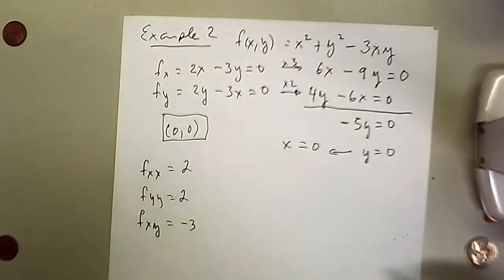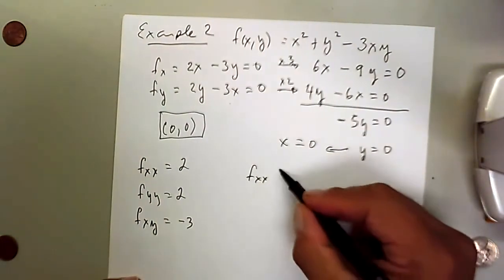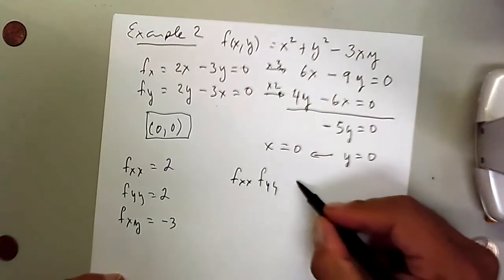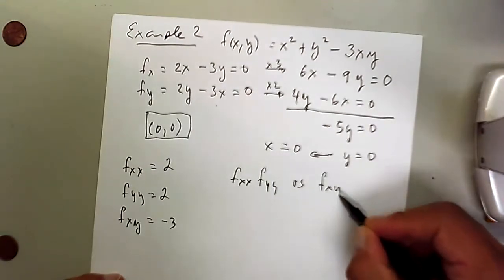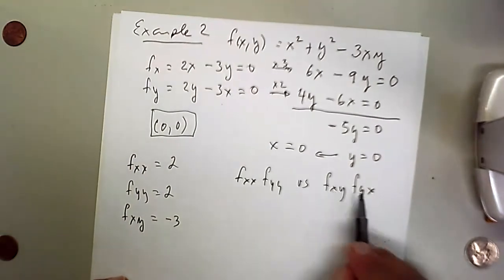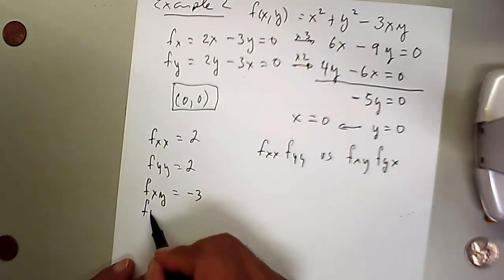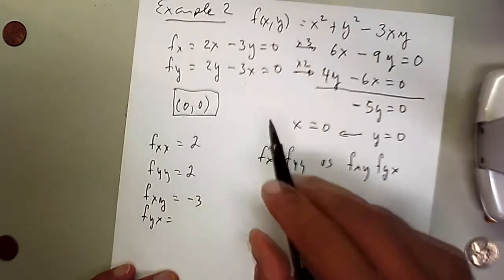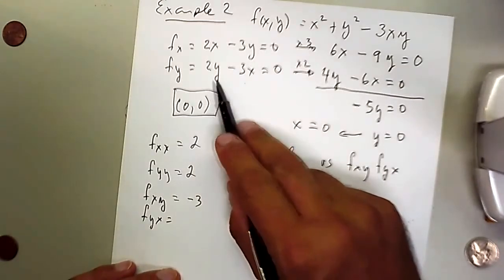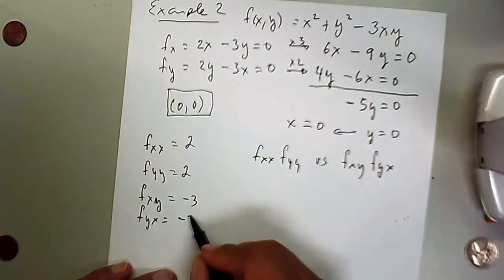Interesting. So we want to compare f sub x x times f sub y y with f sub x y times f sub y x. Notice that I'm writing this differently. We have xy and yx. If you find the derivative with respect to y, and then with respect to x, of course, we're going to end up with negative 3.